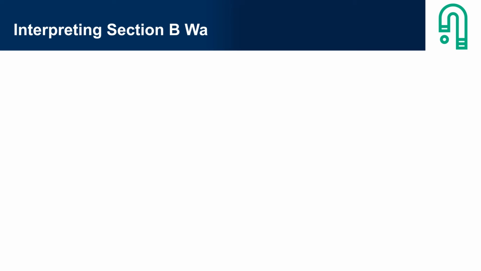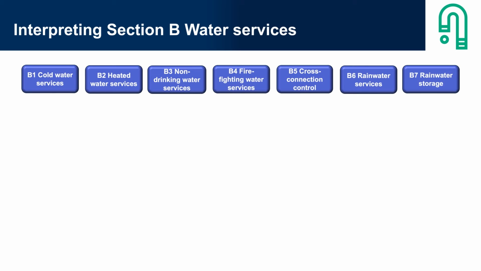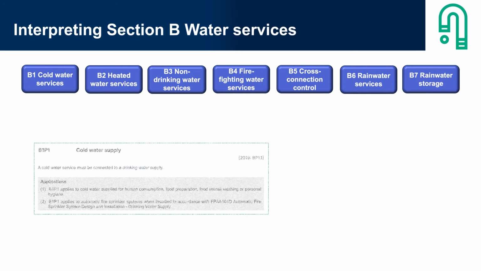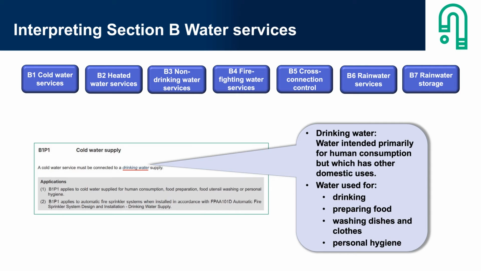Interpreting Section B, Water Services. Some of the performance requirements for different water services are very similar. This is because of the need to safeguard health, resulting in similar requirements for water services, even when their intended use is slightly different. B1, Cold Water Services. Drinking water. Water intended primarily for human consumption, but which has other domestic uses.